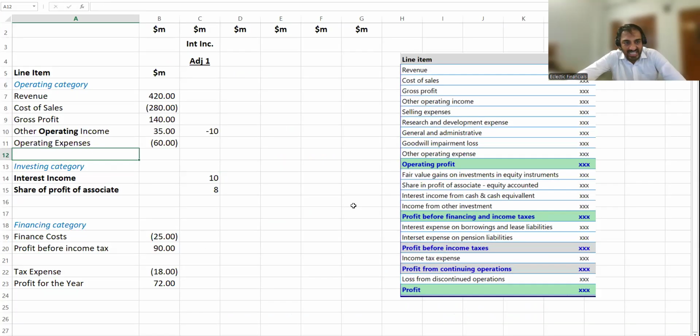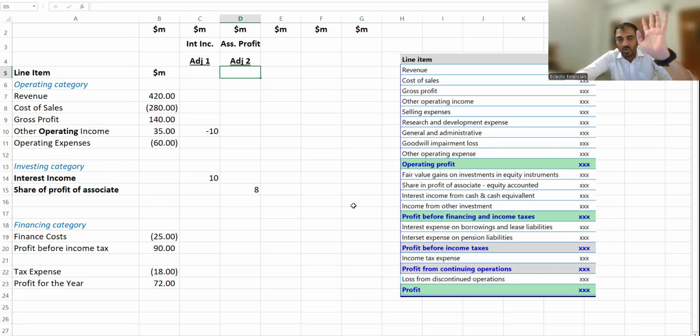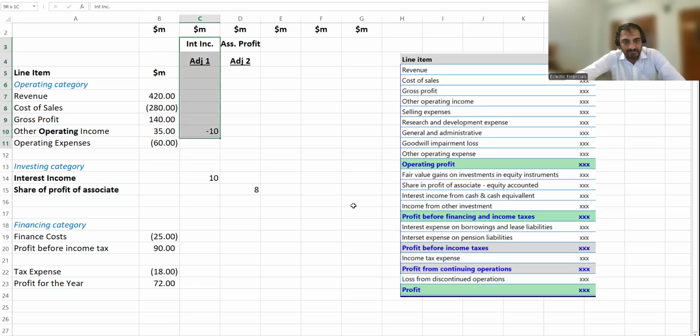So the point is, the share of associate profit, we can use the other column, and we have to mention here associate profit, and this is adjustment 2. I hope all is clear. So 2 adjustments I've done.